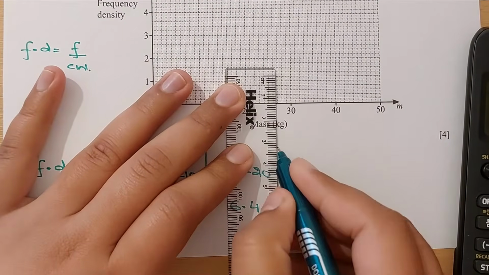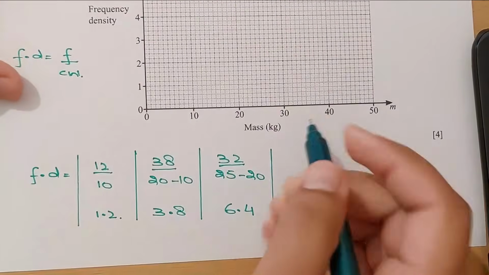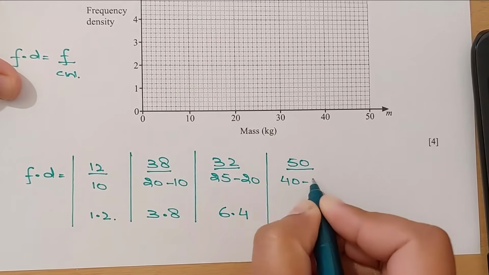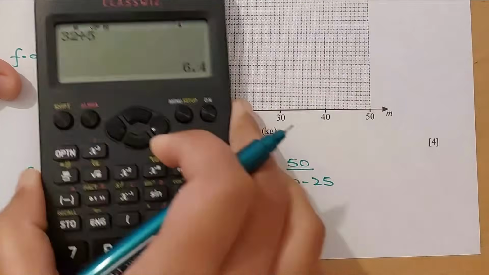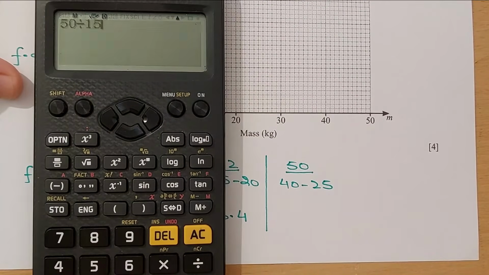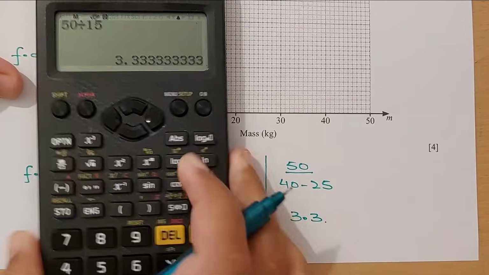Two more left. Next is 25 to 40, it's 50. So the frequency is 50 and the class width is 40 minus 25, right? So 40 minus 25 is 15 and 50 divided by 15 is 3.3, right?